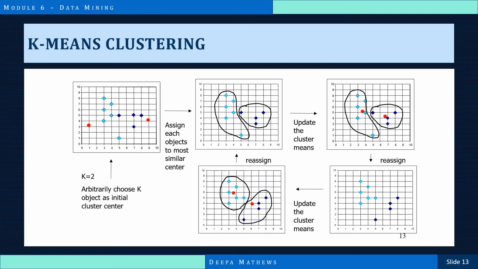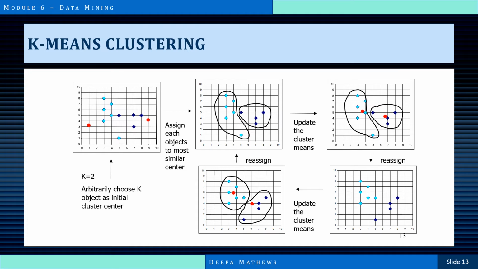So here we are given 12 data points. Each point is represented using x and y coordinates. Among these 12 points, 2 are taken as the initial cluster centers because we are given k as 2, so we need 2 clusters. We selected 2 objects as the initial cluster centers, and they are shown in red. In the next step we are assigning each object to the most similar center, using this distance function.